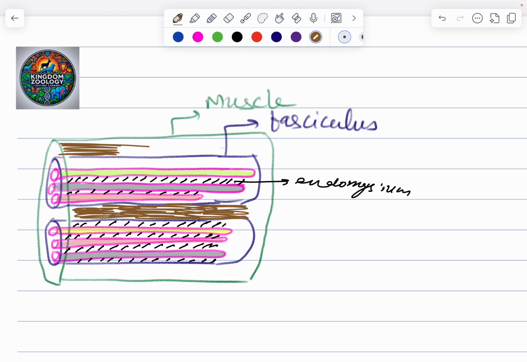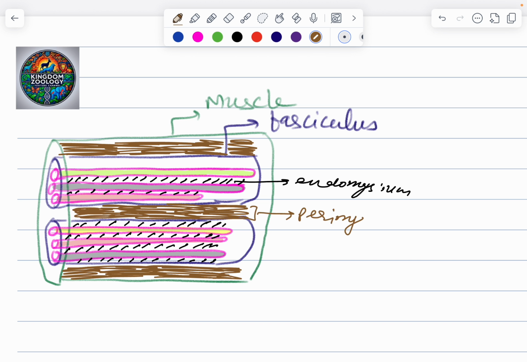There is a connective tissue here also surrounding the fasciculus, and there's a connective tissue here also surrounding the fasciculus. So this connective tissue that is surrounding your fasciculi, or that is packing the fasciculi together, this was your perimysium.